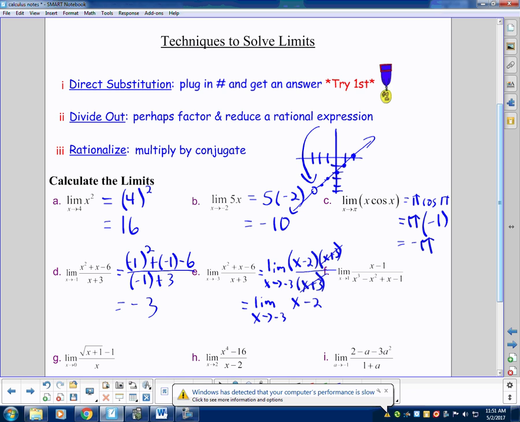So if you plug this into your calculator, unless you have the color one, it won't really show up, but you will have just a line with a hole in it. With the color ones, you can kind of tell that there's a hole there.